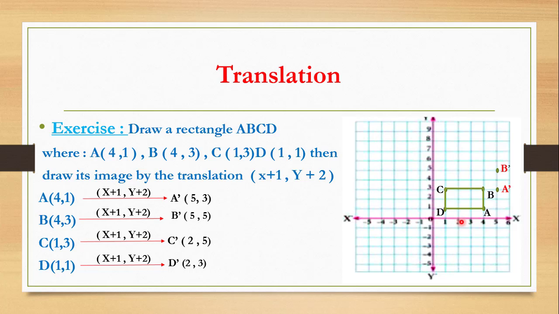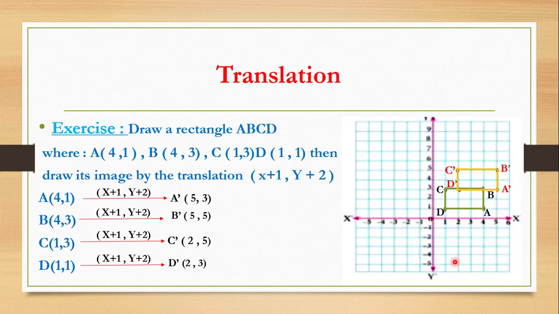Start from x, then up to y. This is C dash, and finally this point is D dash. Now we can join the points to draw the image of the rectangle, which is A dash, B dash, C dash, and D dash. This is the new rectangle, which is the image of the original one.